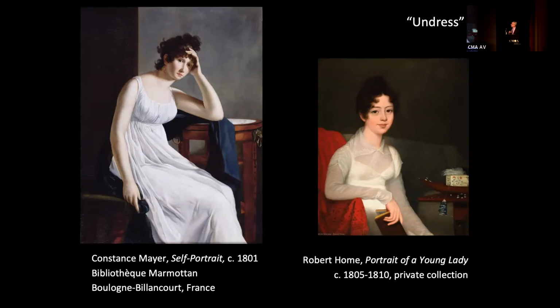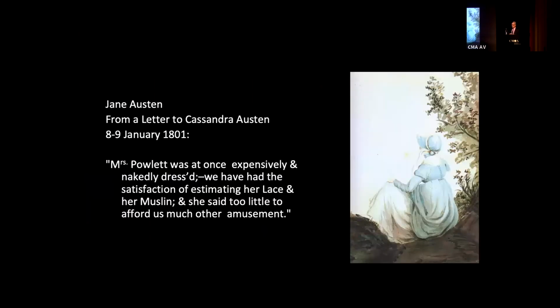But in any case, with Jane Austen herself, there was something slightly risque about these very simple undress fashions. And so we have, for example, a letter that Jane Austen wrote to her sister Cassandra in January 1801, and keep the date in mind.